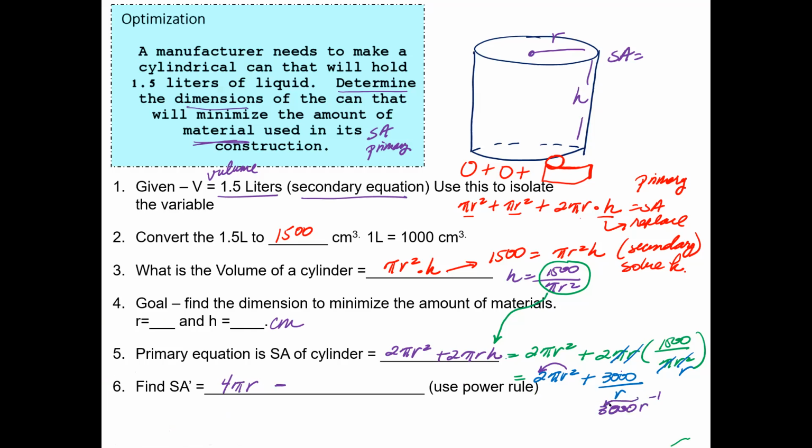So if you bring down that negative 1, you have a minus 3000, and then r to the negative 2nd power, which if I bring it down would just be r squared. And if I need to rewrite it, that's exactly what I will have.